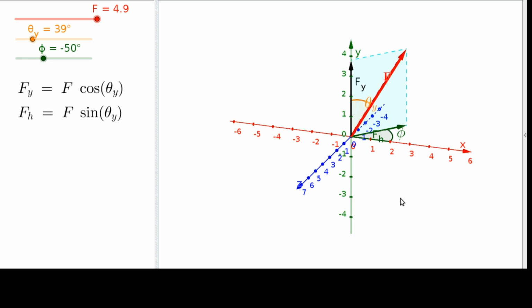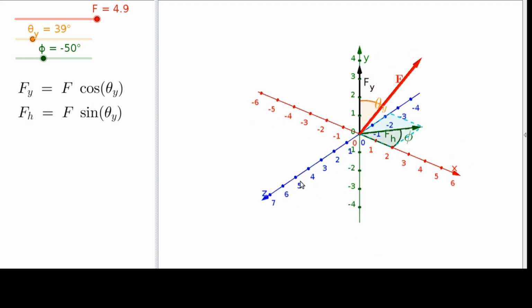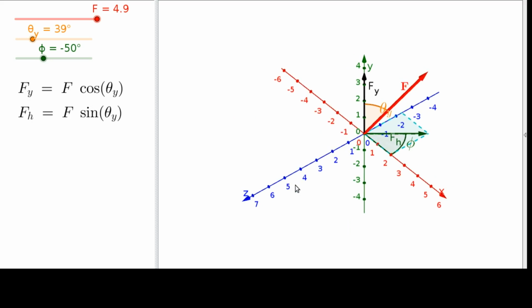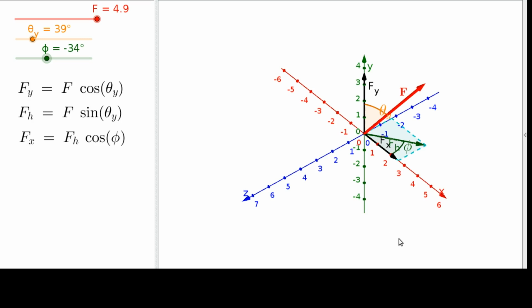Now this FH vector, we can draw a rectangle here. And again, now we can look at the edges of this rectangle and compute the length of the edges of the rectangle.